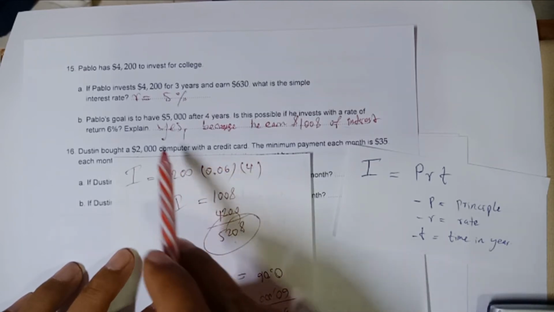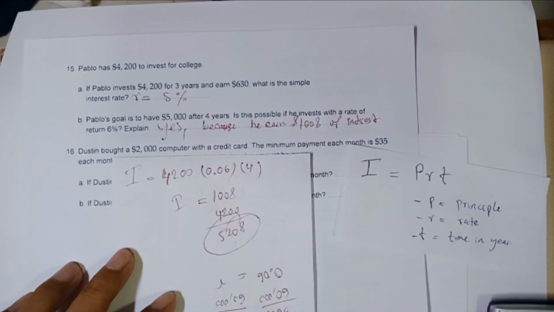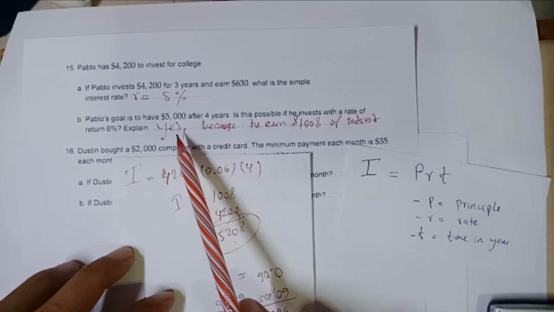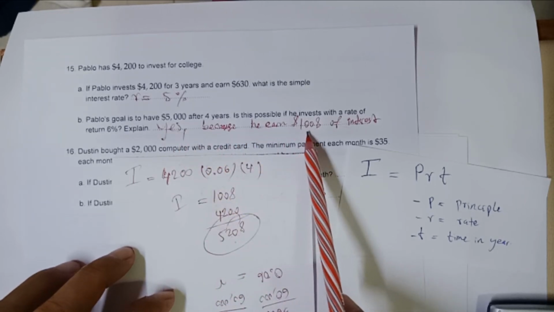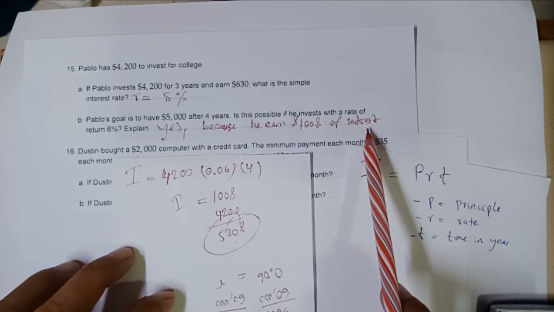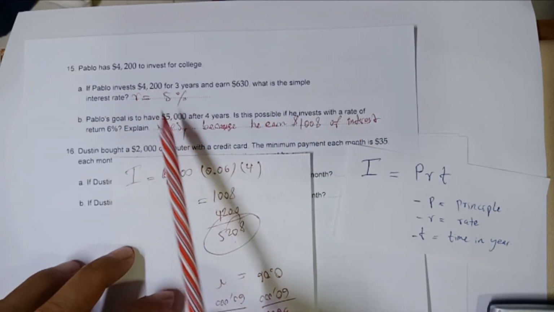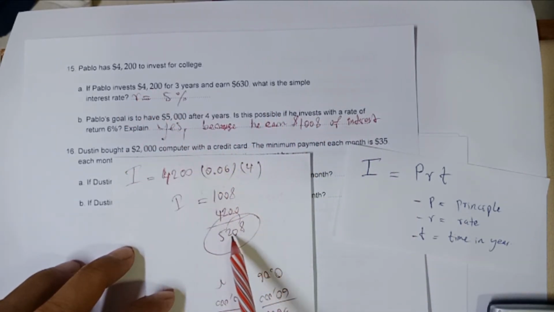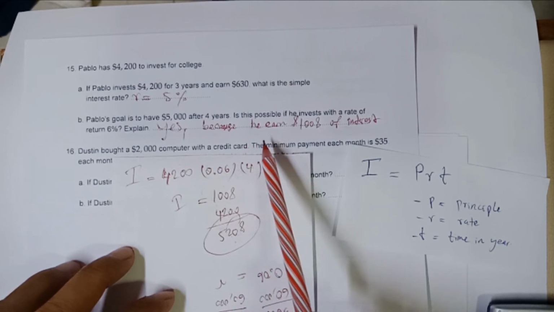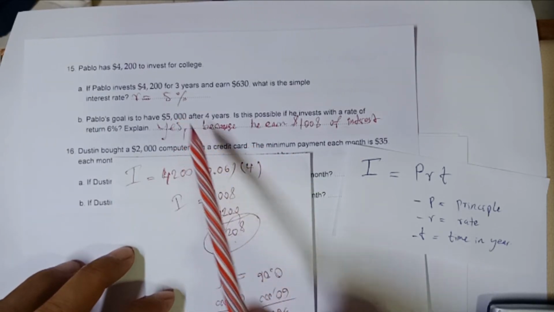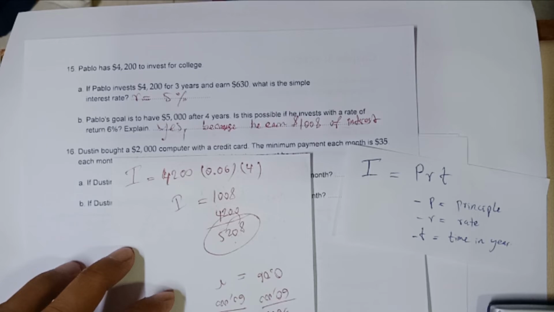See, you can now write. I will not write this for you, but you can listen and write it. Let me repeat. Answer yes, because he earned $1,008 of interest plus the principal that will give him $5,208, above his goal, which is 5,000.